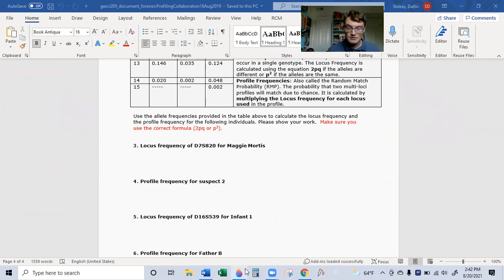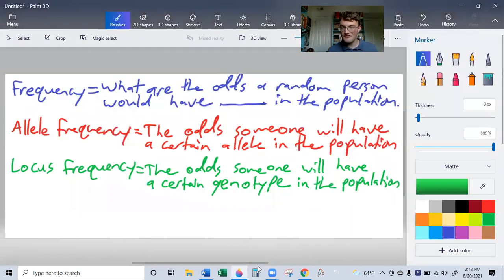Let's go look at the next one up the chain. So we have to get even more specific here. The last one is called a profile frequency.